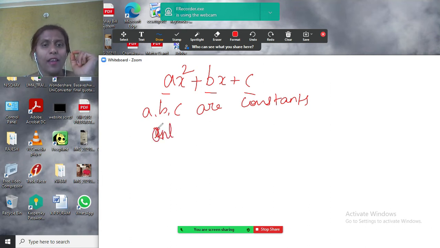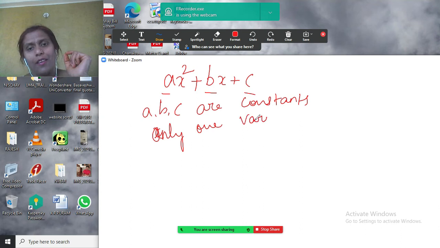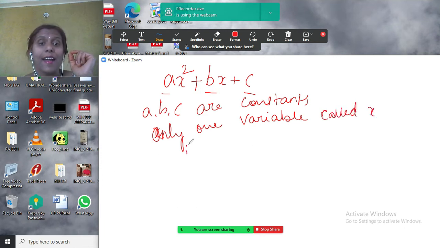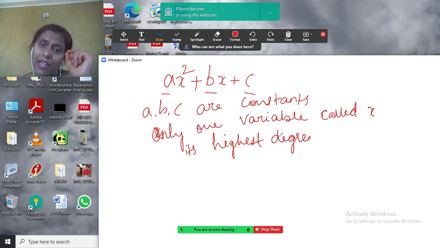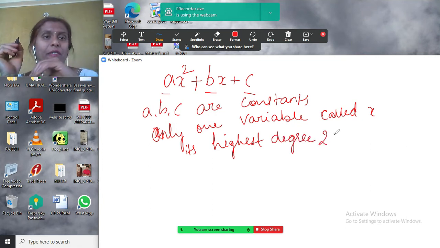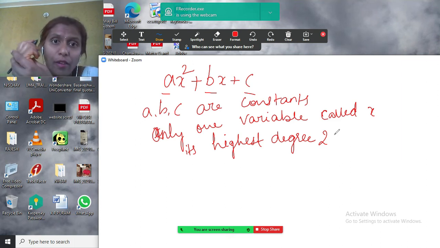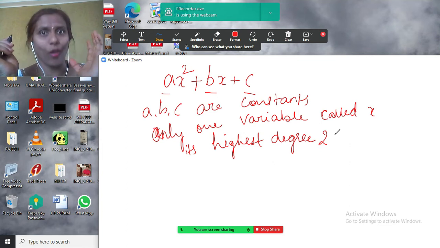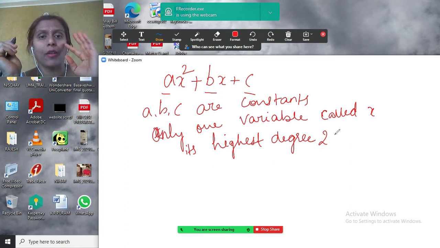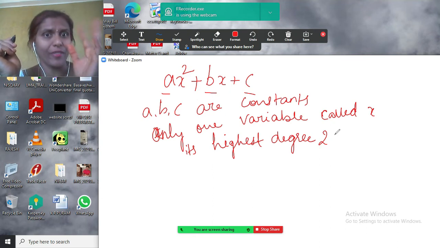Such kinds of equations we call quadratic equations, where we have only one variable, x, or any other variable for that matter, whose highest degree has to be 2. It is not 1, neither 3, nor 4. And there will be 3 constants, a, b, and c. Whatever I am telling you is the general form.